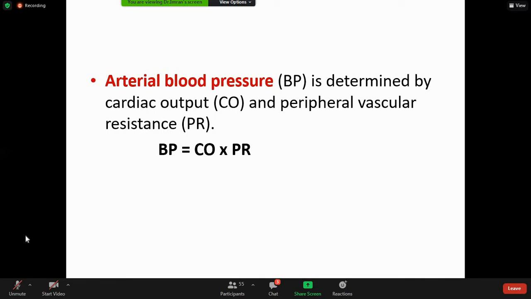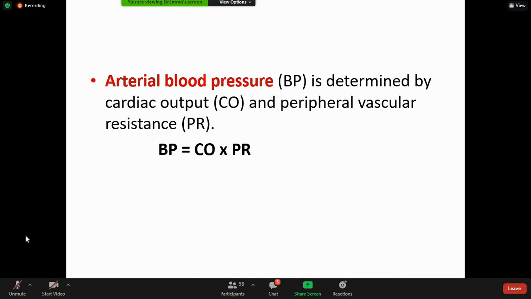So arterial blood pressure is basically determined by the cardiac output and peripheral resistance. And this is important. Sometimes peripheral resistance is not increased, but if the cardiac output is increased, that will lead to increased blood pressure. So if one mechanism is involved or increased, it will raise the blood pressure.